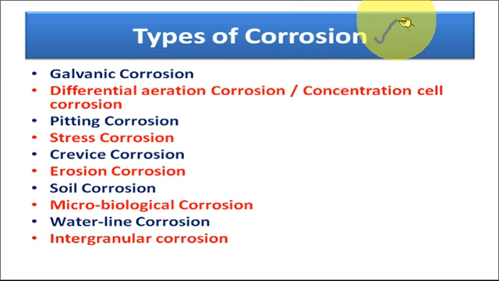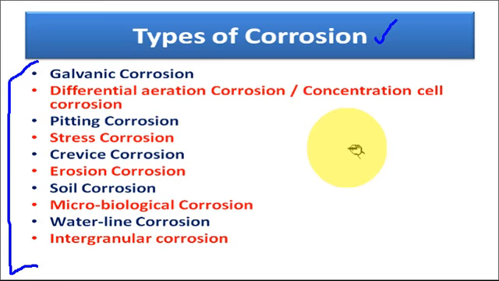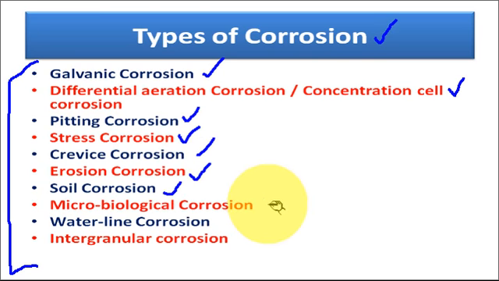The corrosion may vary. The different types, the important or main types of corrosion are galvanic corrosion, differential aeration or concentration cell corrosion, pitting corrosion, stress corrosion, crevice corrosion, erosion corrosion, soil corrosion, microbiological corrosion, waterline corrosion and intergranular corrosion.